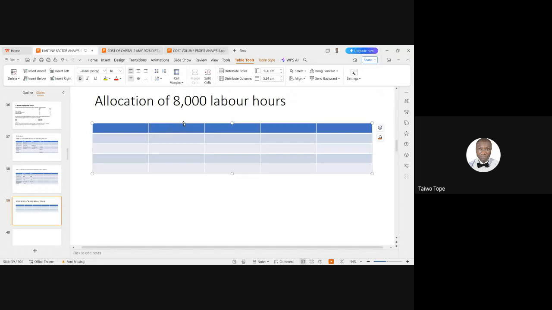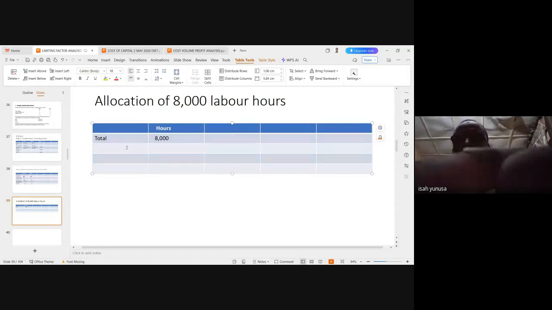The total is 8,000, right? The first rank product is what? Sauce.